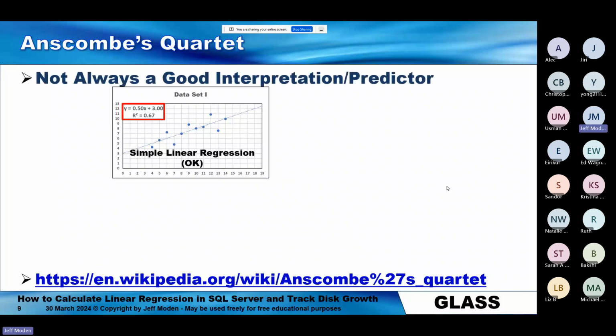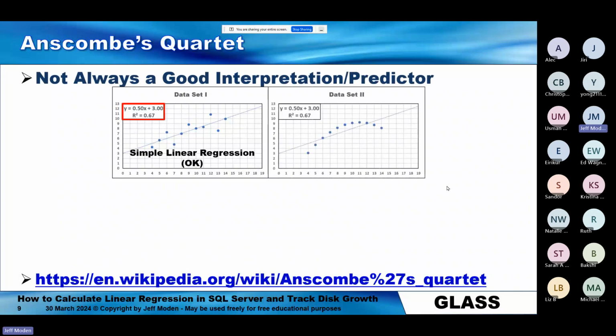And I said it's not always a good interpreter or predictor. Here's another example of data. That's parabolic, nonlinear, and so a linear regression is probably not appropriate. However, this Anscombe guy had very high attention to detail.